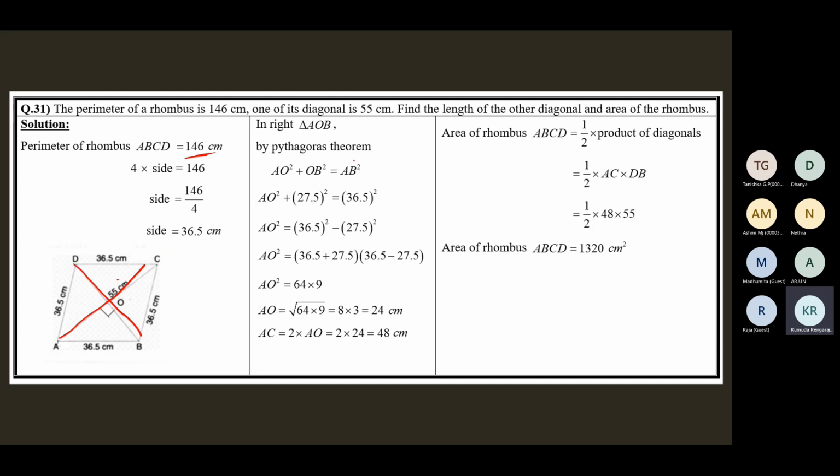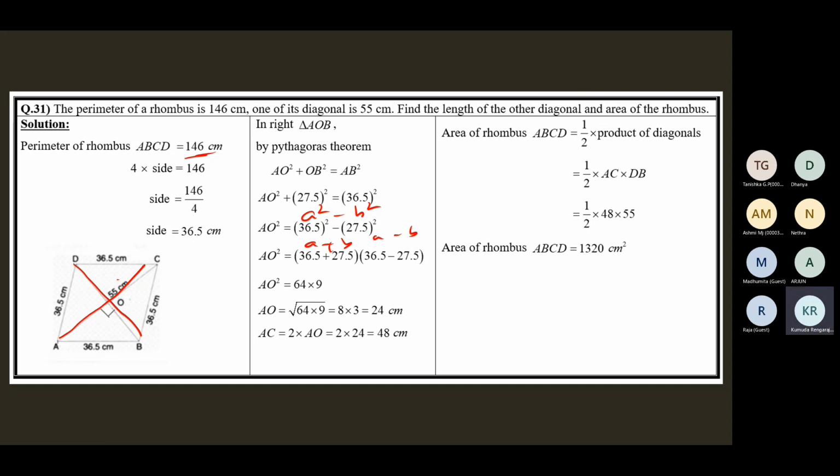So we use Pythagoras theorem. Any right triangle, I've taken AOB and I've applied Pythagoras theorem there. And then you can see I've treated it as a square minus b square, which is a plus b into a minus b. On simplifying, we get AO is equal to 24 centimeters.